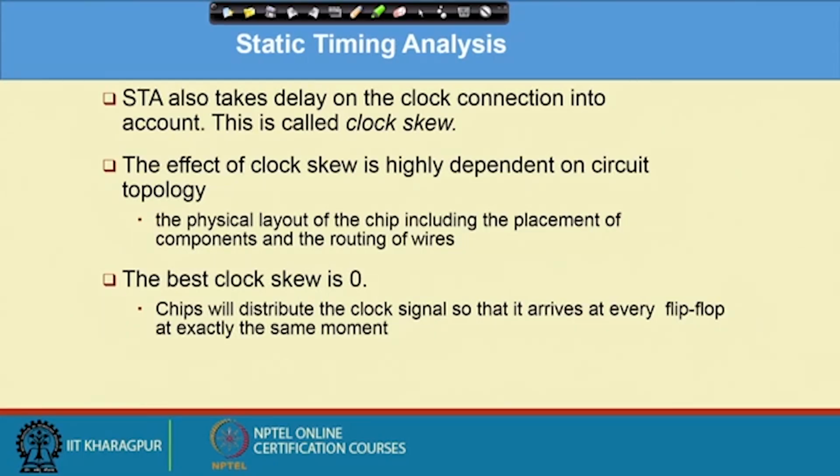If they take the same amount of time, at that time we can consider the clock skew as 0. So, clock skew is the time gap between the closest one and the furthest one. So, this is the concept of static timing analysis, okay. And clock skew is an important factor, not only clock skew, but also setup time, clock to Q, and T logic.